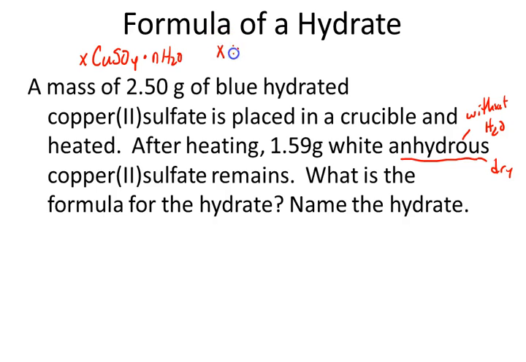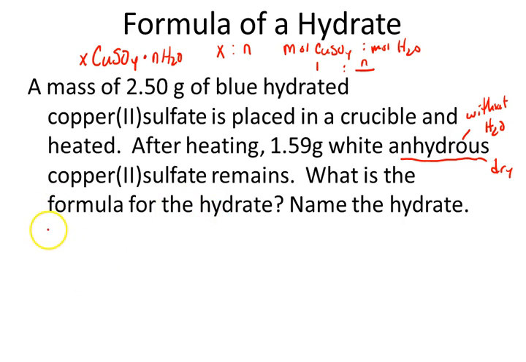So in this case, what we're looking for, I'm going to put an X here, we're looking for the X to N ratio. This would be moles of copper 2 sulfate to moles H2O. And in hydrates, this is always going to be a 1 to something ratio. And N is a common letter to use to stand for moles.